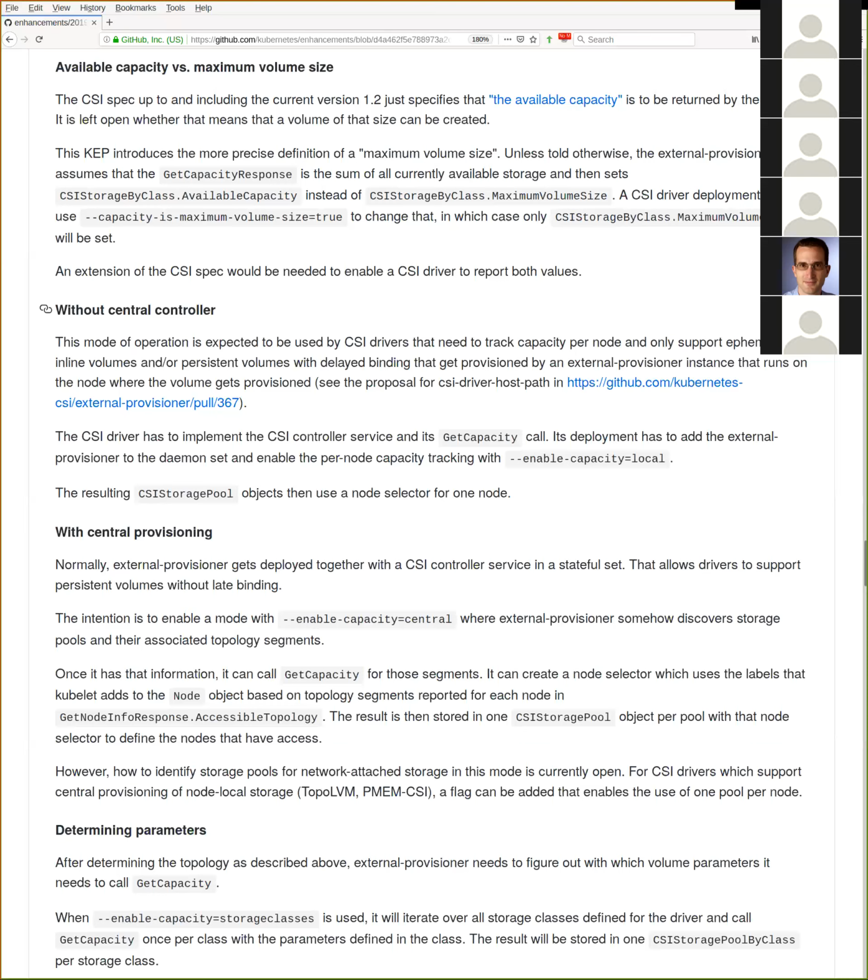There's one section about how to handle ephemeral inline volumes, and it basically has two solutions in this cap here. One is the size extension, and the other is this completely new idea of mapping it to PVC somehow. And I don't intend to put that into this cap. This cap just says this information that we have here can be used also for ephemeral volumes, but how to do that needs to be separate.